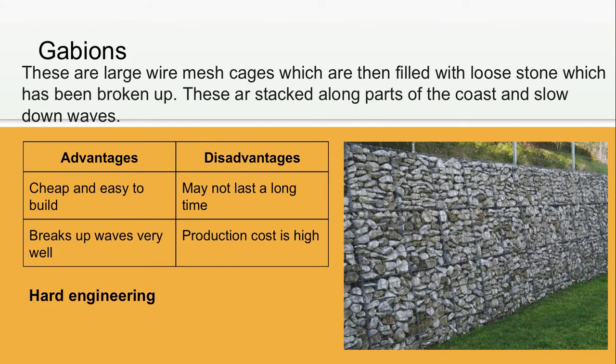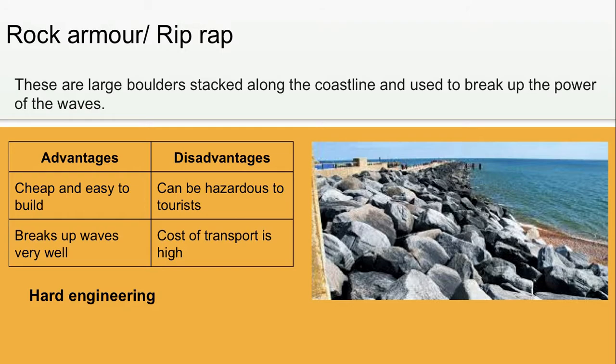Gabions are a bit like that, but they're just cages of rocks. Okay, they're cheap and easy to build. They break up the waves easily, but they might not last as long because they might break apart, get damaged, so then you'd have to repair them, and the production cost is high. Okay. So then we've got this rock armour, riprap.